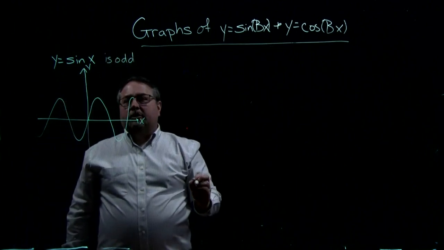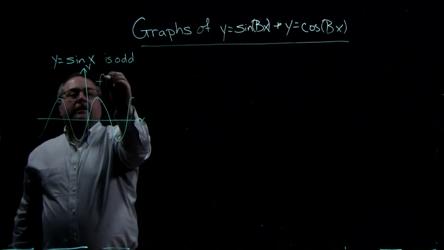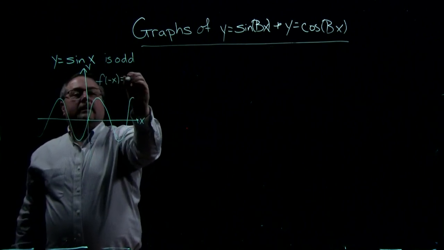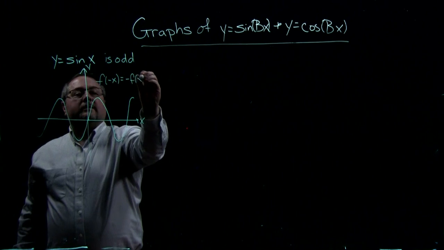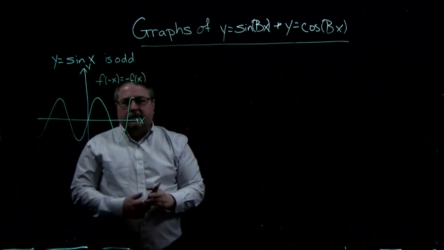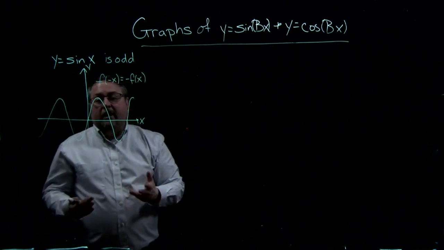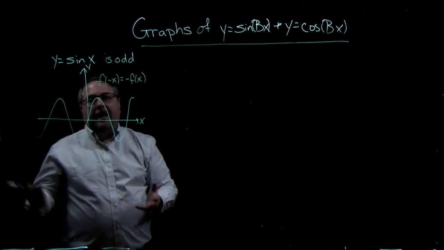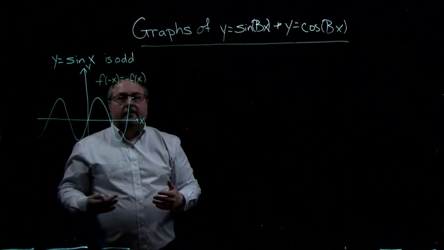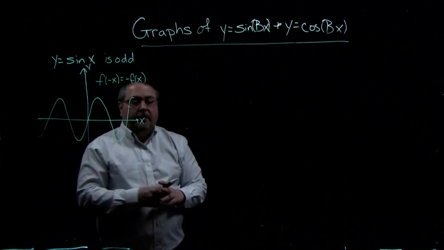And an odd function has the property that f of minus x equals negative f of x. Algebraically, odd functions behave like odd powers of x, like x cubed, x to the fifth, and so on. That's why they're called odd functions.